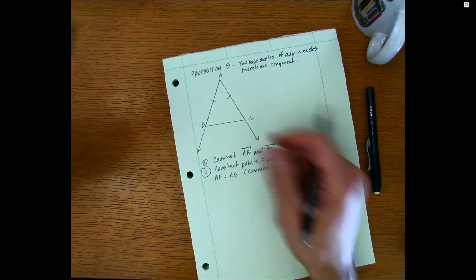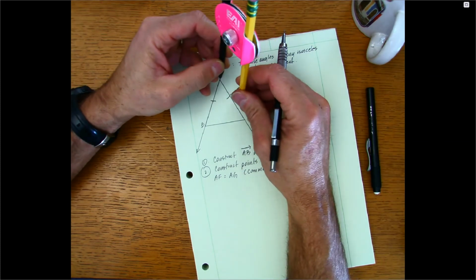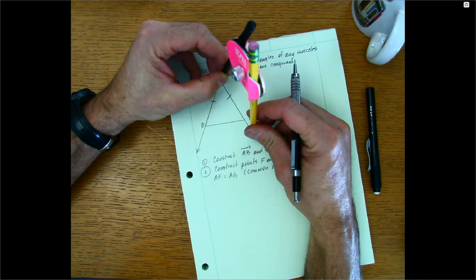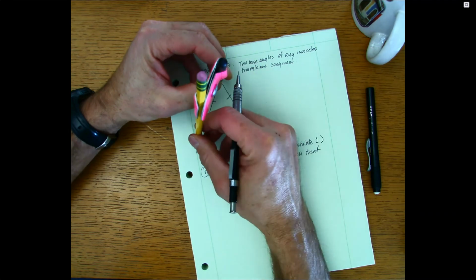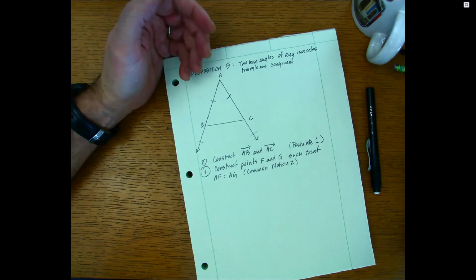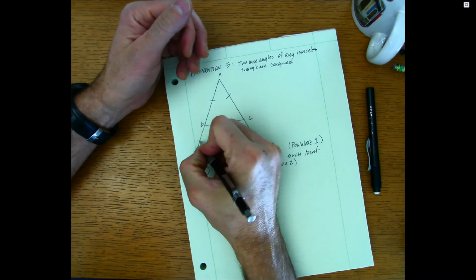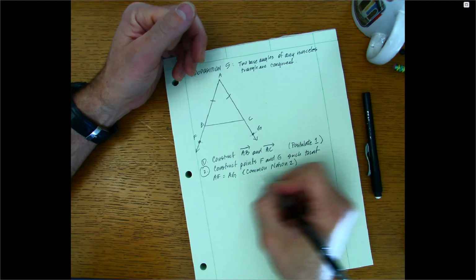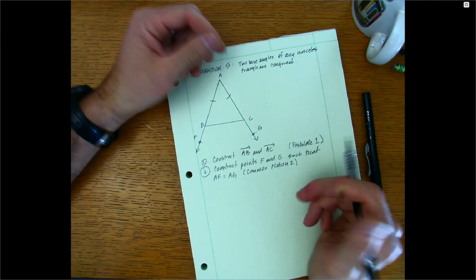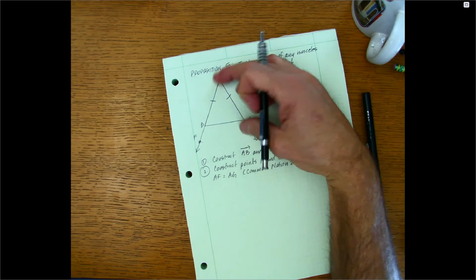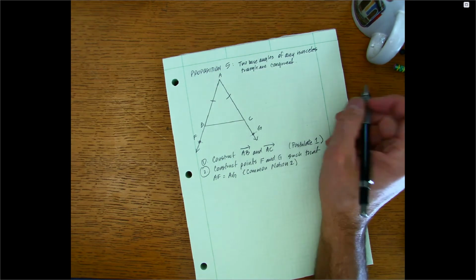So how could you do that? I mean, if you want points F and G such that AF and AG are the same, you could just set your compass and inscribe a circle, for example, right? So AF and AG are the same here, so I'll call this one point F and this one point G. Common notion 2 allows us to do that.